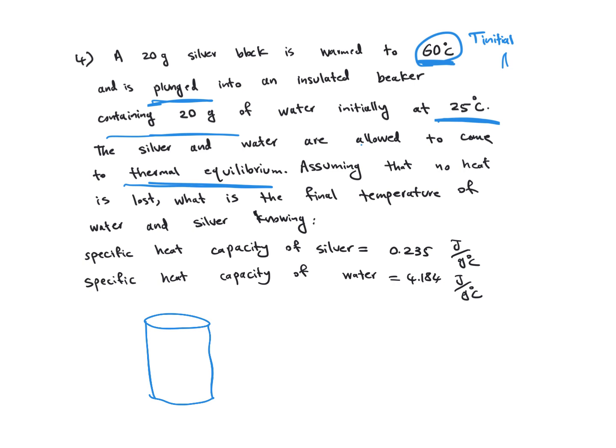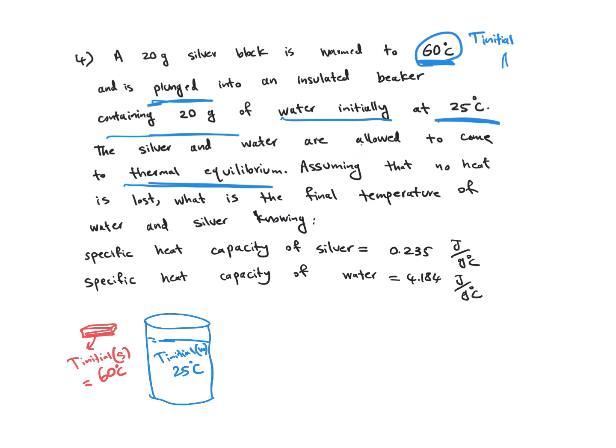I have my water initially at 25 degrees Celsius, okay? So T initial of water is 25 degrees Celsius. And I have this block of silver, right? Write it like this: T initial of silver is 60 degrees Celsius.